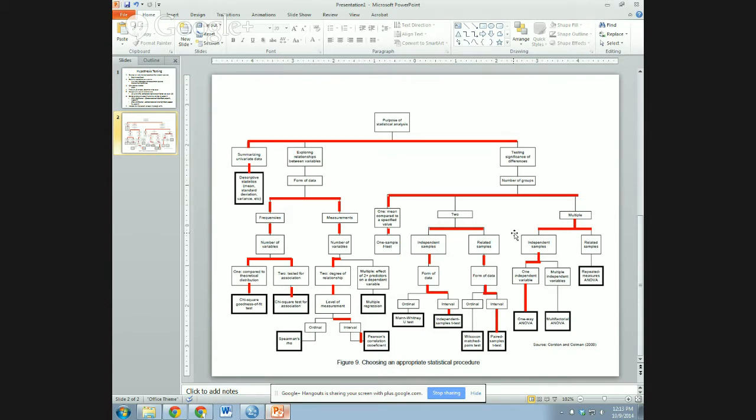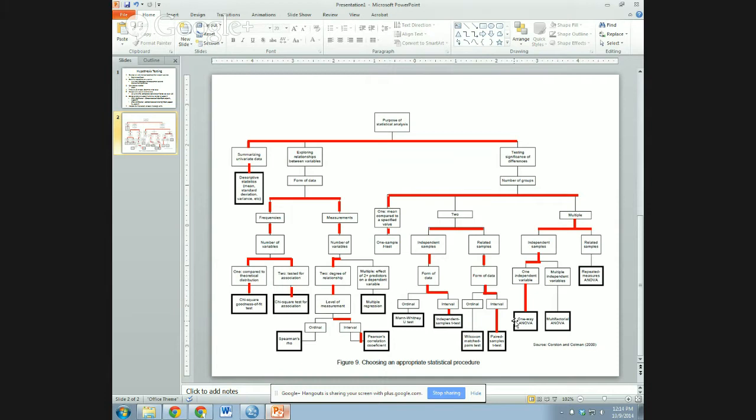We would then use, again, assuming that they are independent samples, a one independent variable, one-way ANOVA. We've talked about ANOVA as analysis of variance. So now instead of using the means, we are using variance to determine whether there are differences between groups.